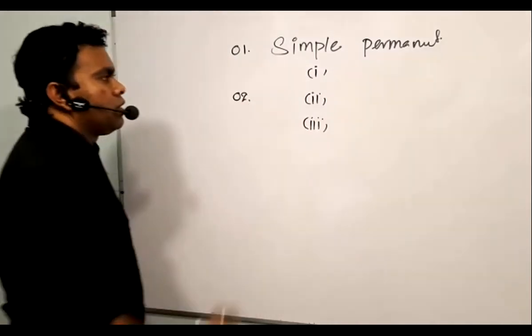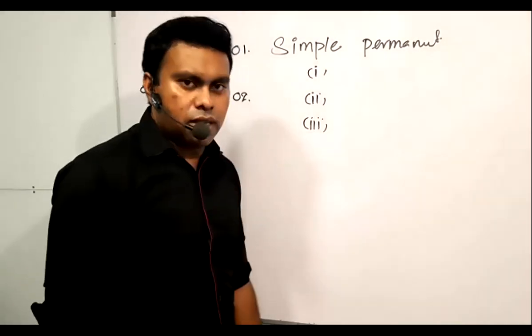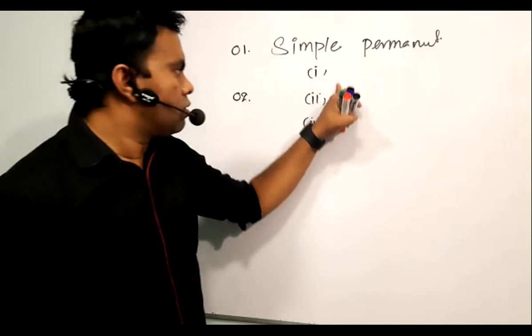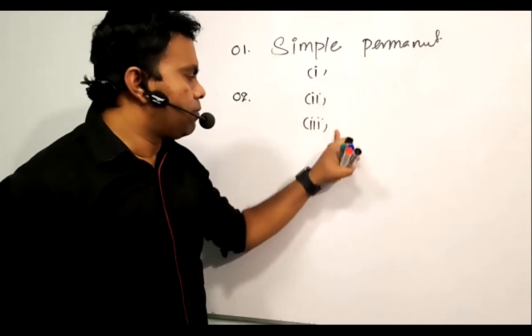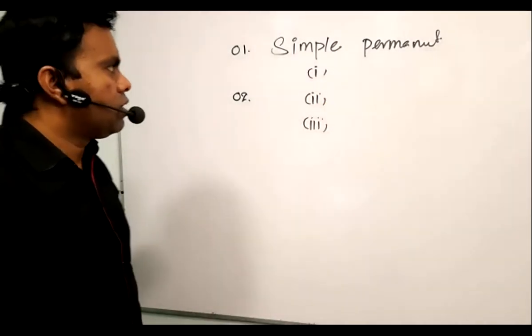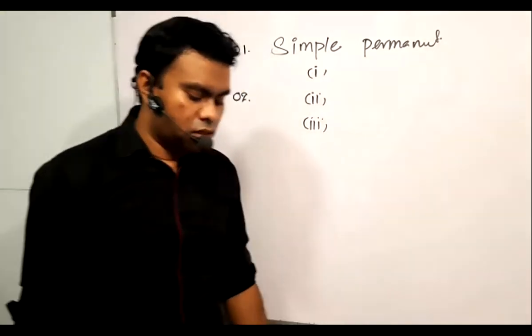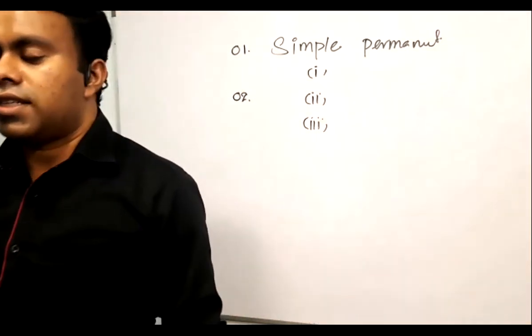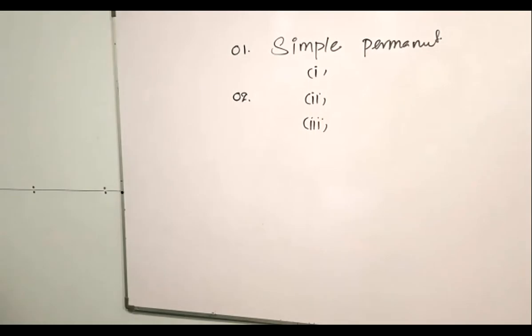Okay, right. There are three types of simple permanent tissues.